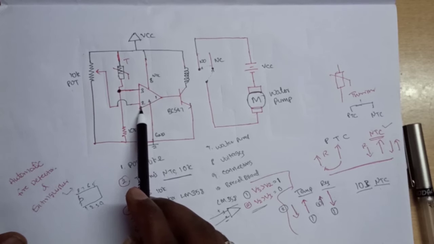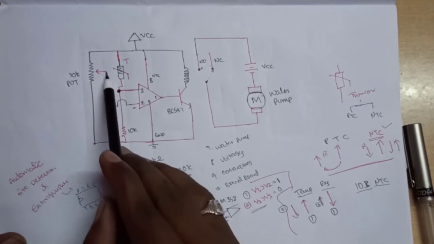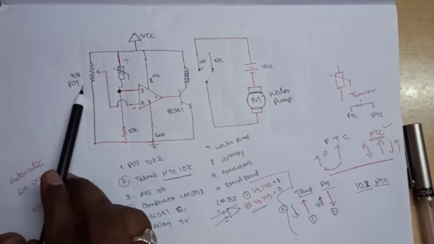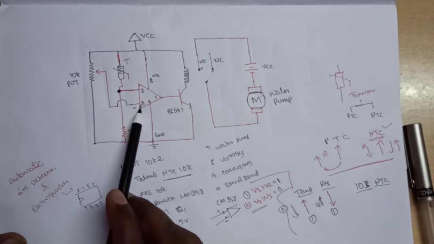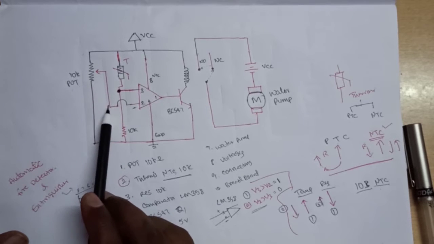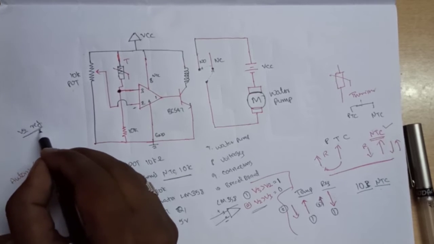Next, pin number 2, the inverting input. This is connected to the VCC through one potentiometer. Indirectly we are giving some voltage through the potentiometer to pin number 2. Why, sir? This is acting as a reference voltage. So V2 is the reference voltage, V reference.